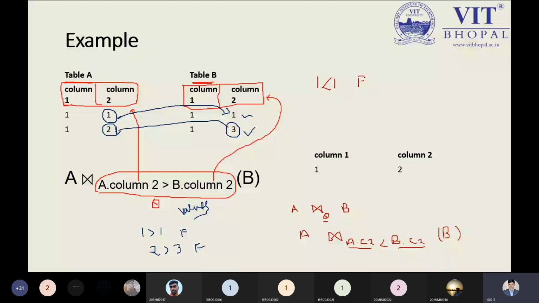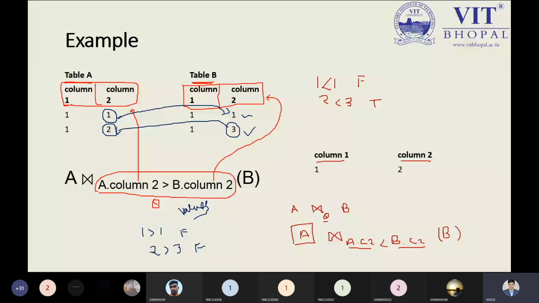So if the condition is true, then you will be able to see over here from the left side, which is the relation coming over here, A. So we will choose its columns that belong to the A relation, which is coming on the left side. In the left side, we have the A relation. So what are its attributes? Those are column 1 and column 2. So column 1 and column 2 will come over here.